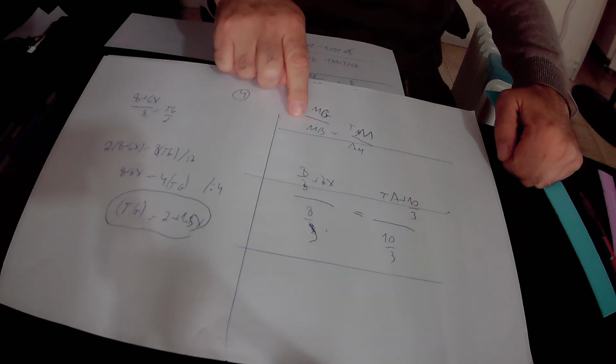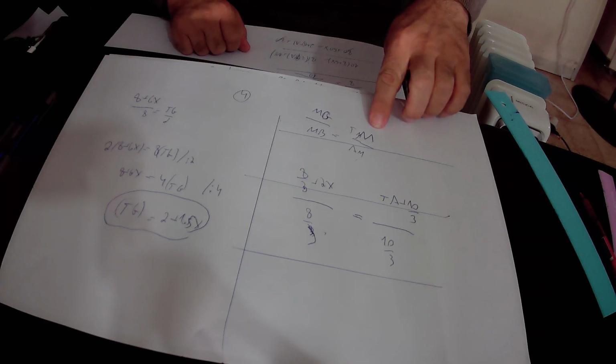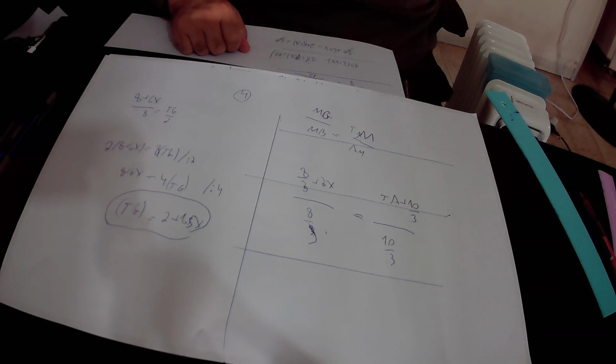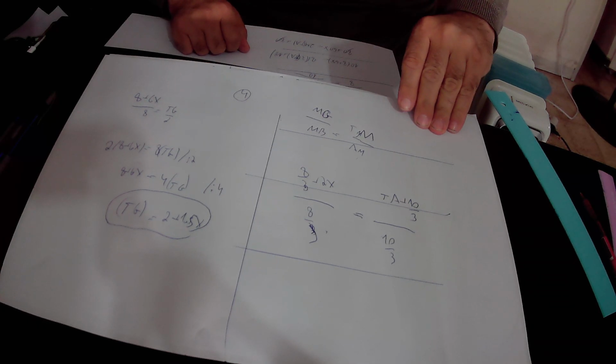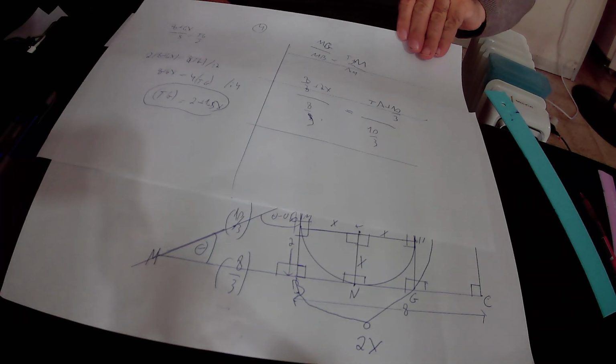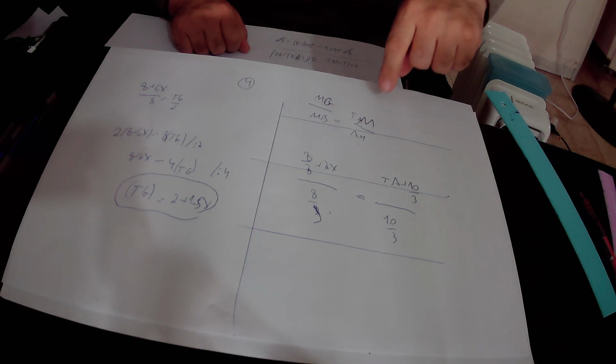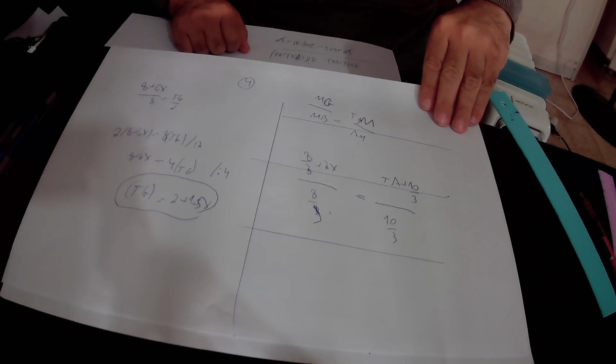Repeat again: MG over MB equals TM over AM. I've already explained that MG equals 8 over 3 plus 2x, and MB is 8 over 3.